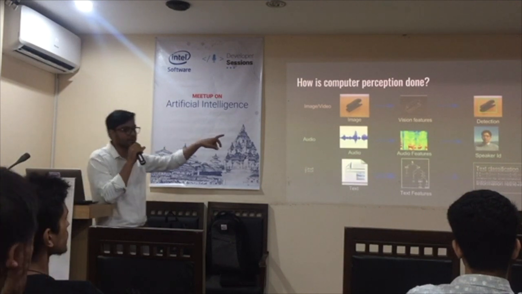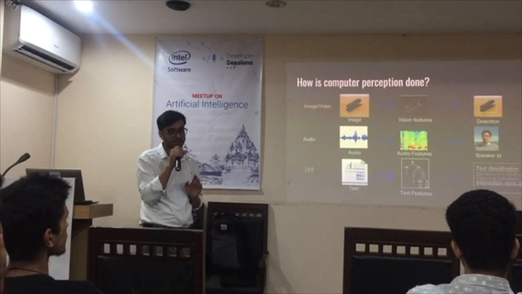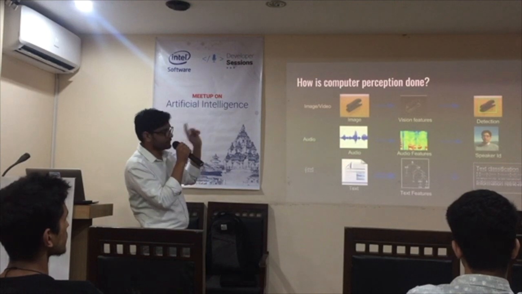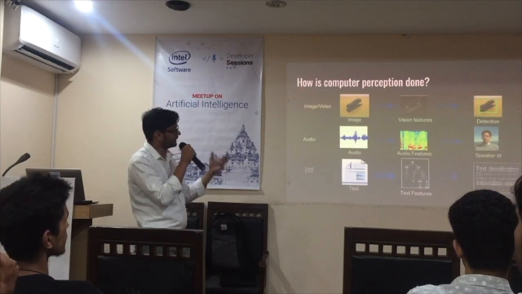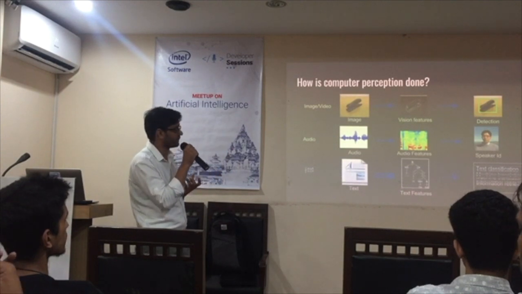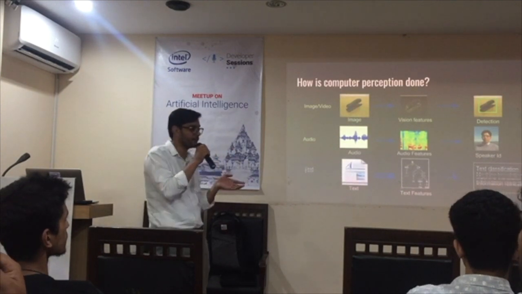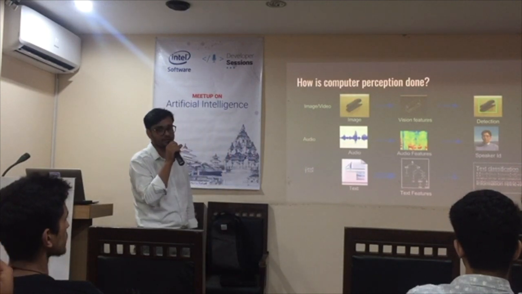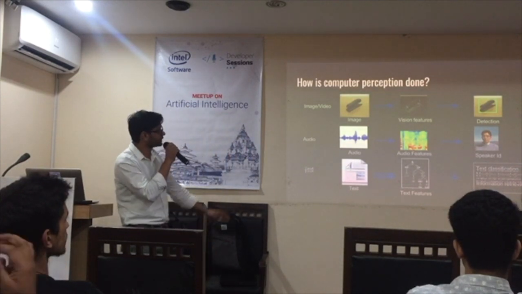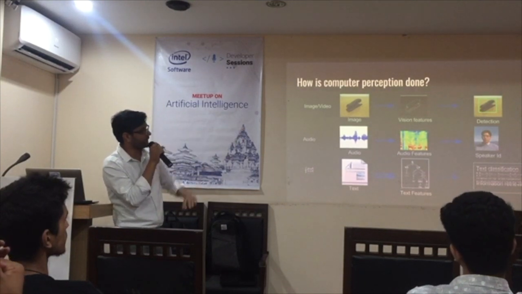There comes one intermediate level for machine learning, that is to represent data in the computer, in a form understandable to the computer. Then we can apply a machine learning algorithm to find the pattern or solve that task. For images, there are vision features.